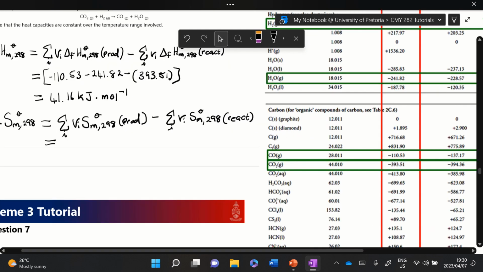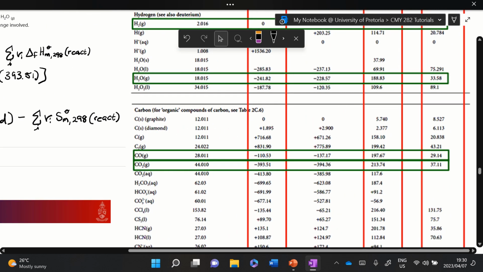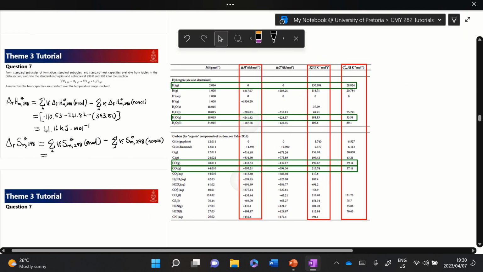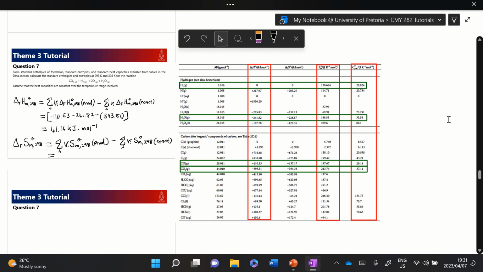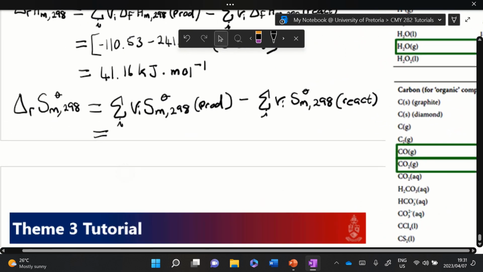So we check them out. The products are carbon monoxide and water, so that's 197.67 and water 188.83, and that is minus the hydrogen and the carbon dioxide. So let's zoom in here.